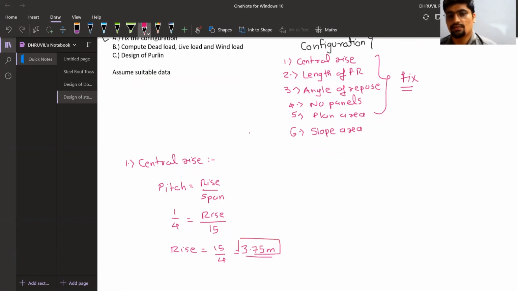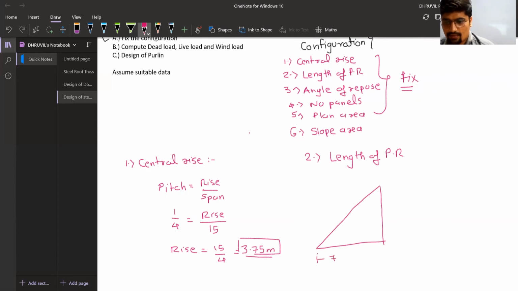The other thing we need to find, second, is the length of PR, meaning principal rafter. So let's take a half roof truss. The span is 15 meters, so the half length will be 7.5 meters. And the rise we have found is 3.75 meters.